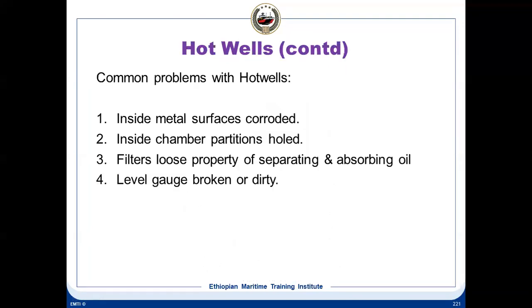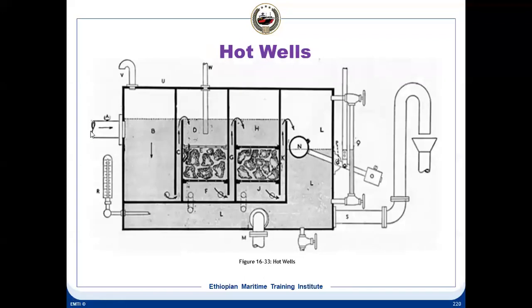If we go back, your condensate is coming in from your condenser. It goes past these baffle plates, then it goes past these filters, which are to filter out any oil from your heating coils, your storage tank heating coils or cargo tank heating coils.